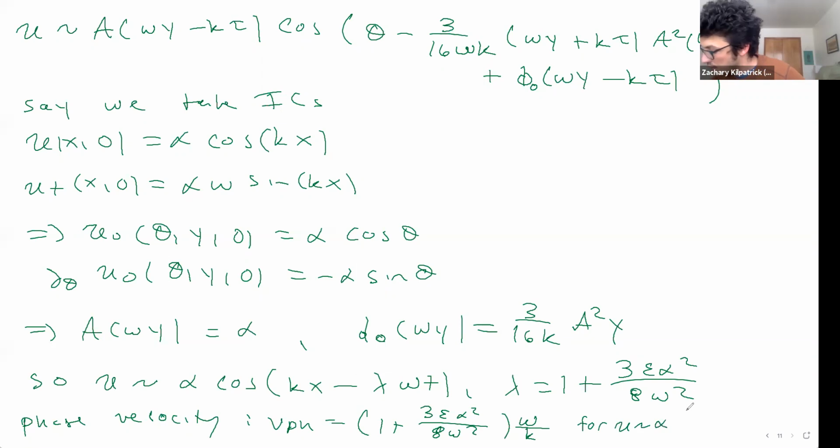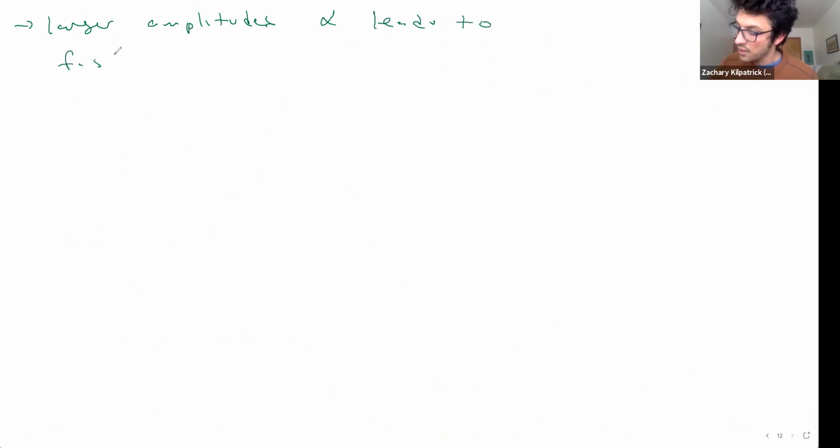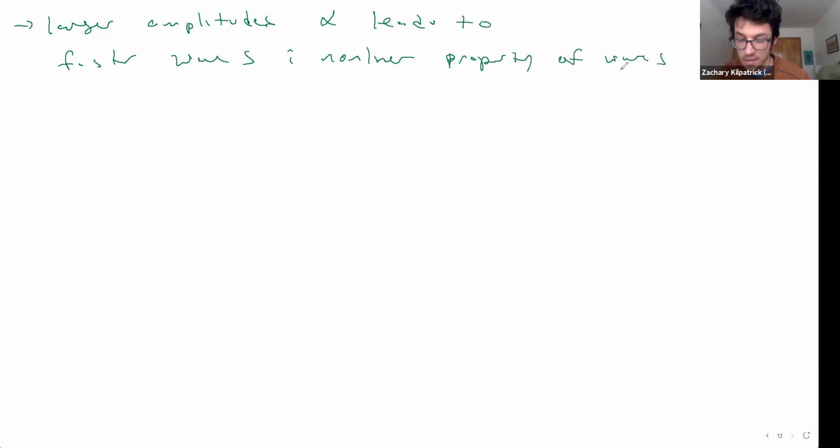So for u equal to α times cosine of k times (x minus V_ph t), that means that larger amplitudes α are going to lead to faster waves, which is not something that happens in linear wave equations. It's a nonlinear property of these waves.